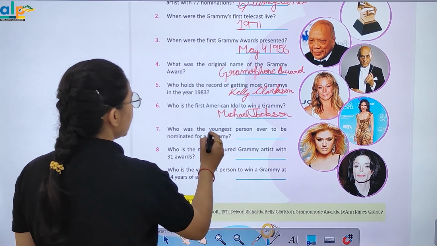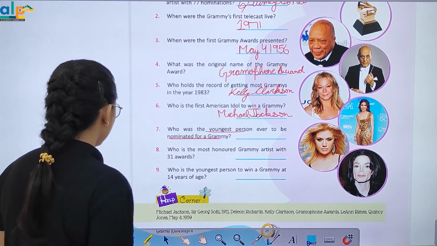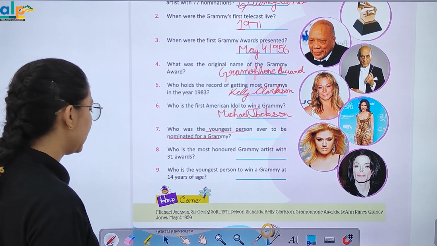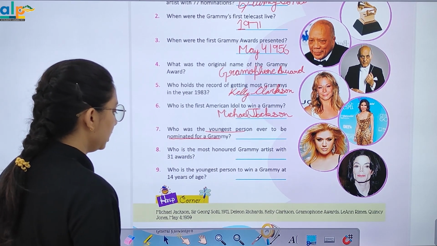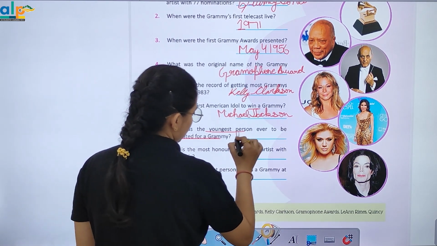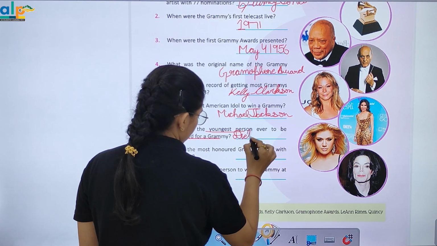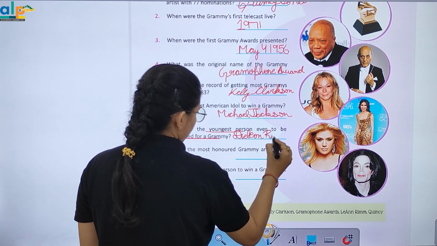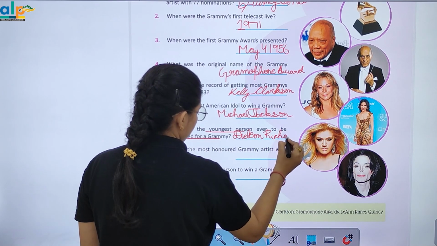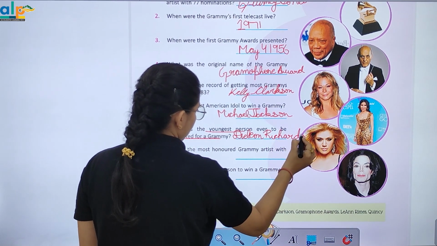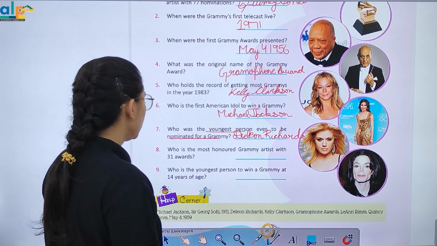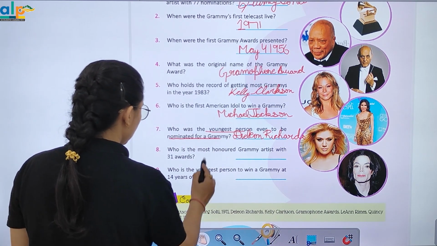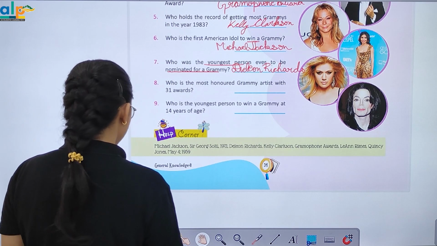Seven, who was the youngest person to be nominated for Grammy? सबसे youngest person कौन था? That is your Dallon Richard. Who is the most honored Grammy artist with 31 awards? That is Sir George Solti.